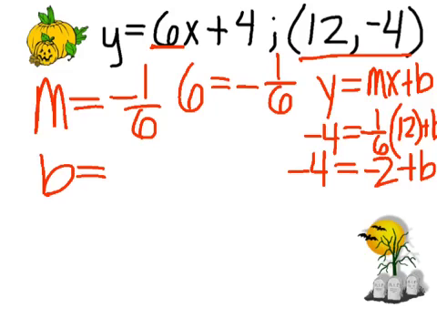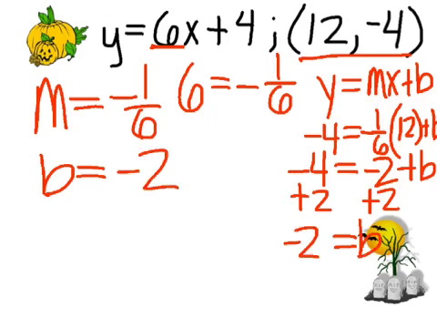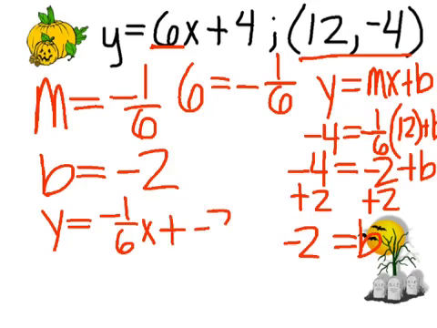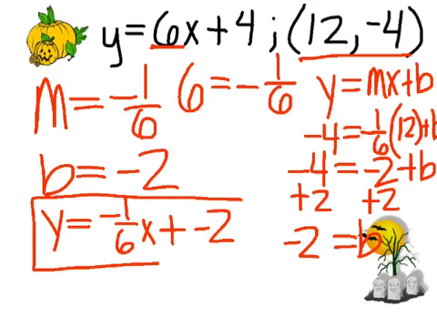How are we going to move this negative 2? What do we need to do to both sides? Add 2. Adding 2 to both sides, we get negative 4 plus 2 gives us negative 2. So our y-intercept is negative 2. When we plug that into our y equals mx plus b, we get negative 1/6x plus negative 2. That's our final answer.